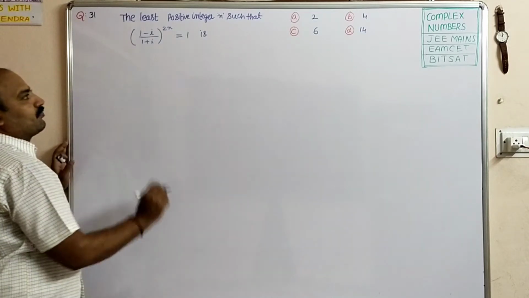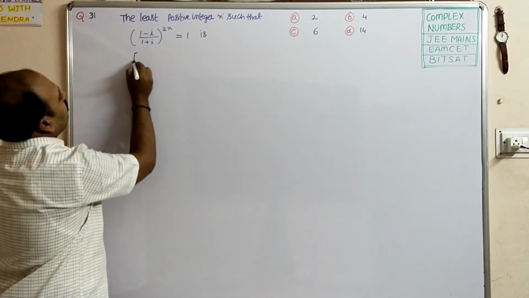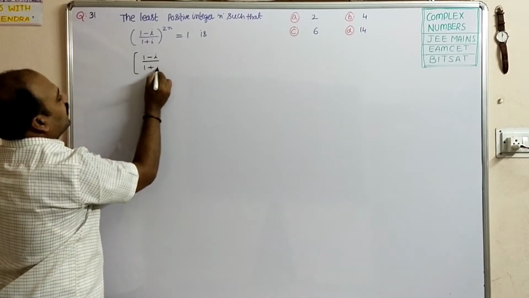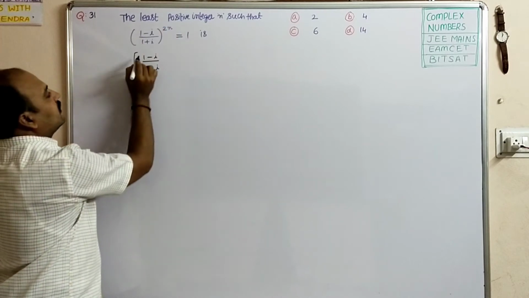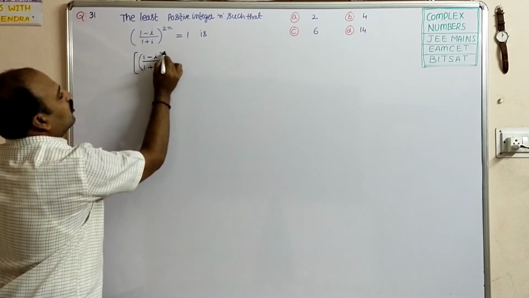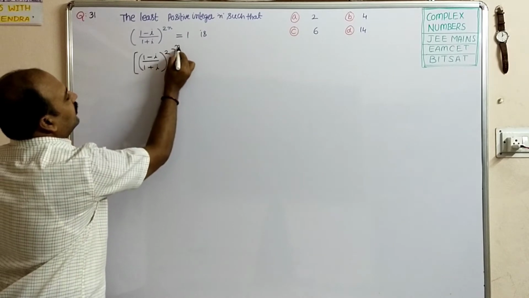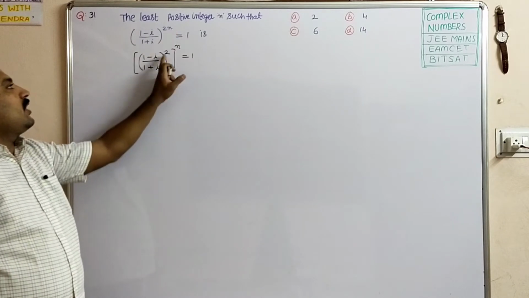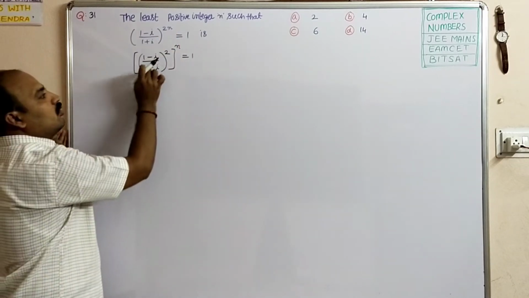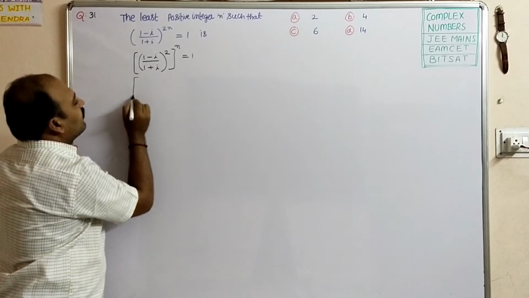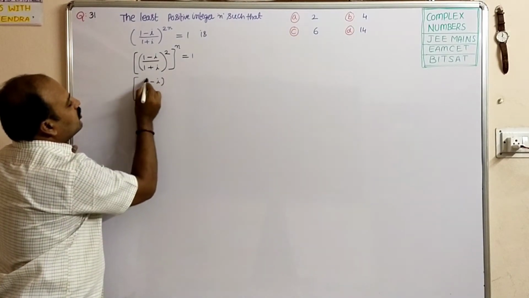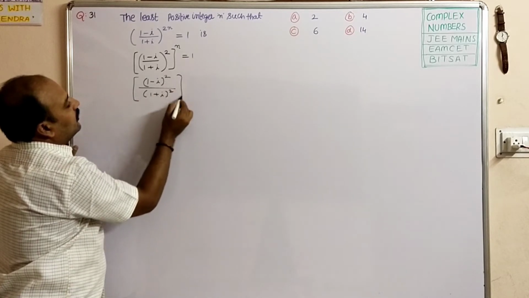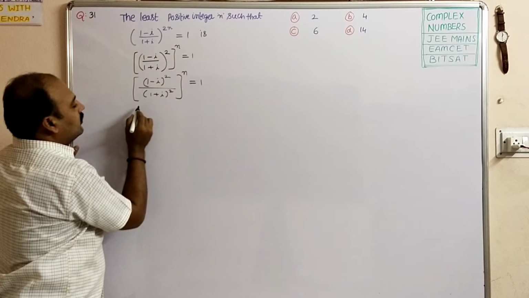So here we can write ((1 minus i) by (1 plus i)) whole power 2n as ((1 minus i) by (1 plus i)) whole square, whole power n, is equal to 1. a power mn means (a power m) whole power n. After that, (a by b) whole square means a square by b square. So (1 minus i) whole square divided by (1 plus i) whole square, whole power n, equals 1.